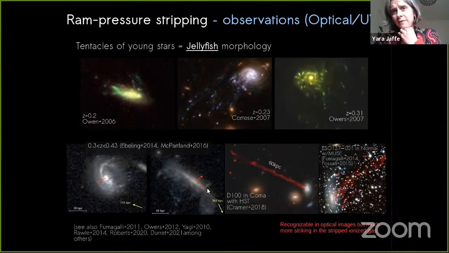In some cases, you have warped galaxies that look like a U, and these features are typically found opposite the direction of the cluster center, as these arrows here indicate.